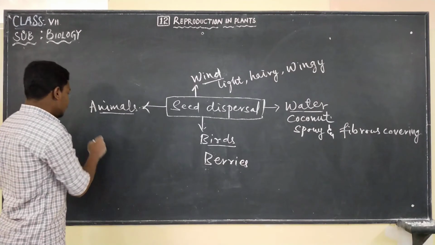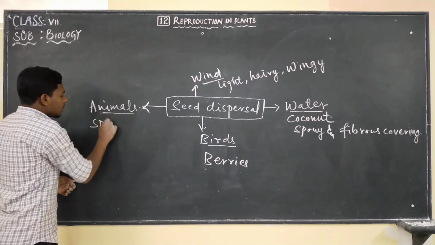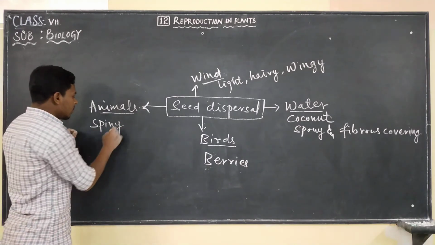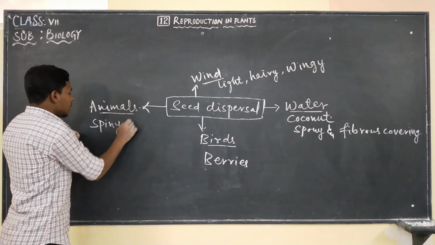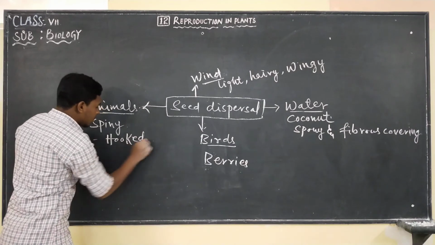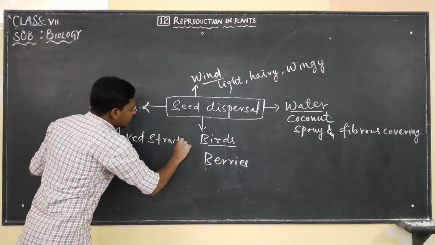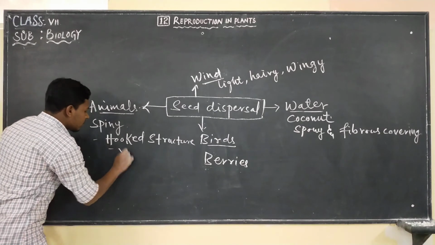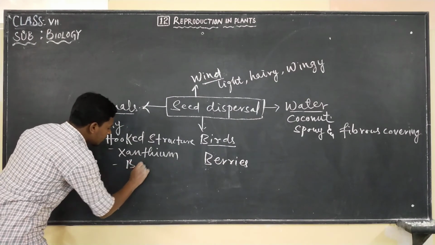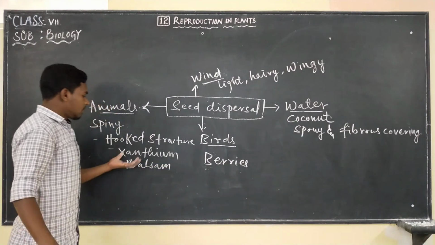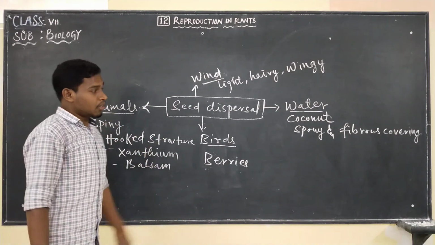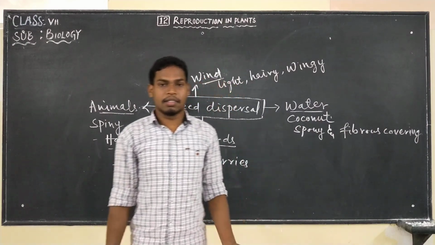In animals, the seeds that are having spiny, thorn-like structure, and are adapted with hooked structure, like xanthium and balsam, can be carried by animals from one region to a different region, and this is how we can see same plants in different regions in nature.